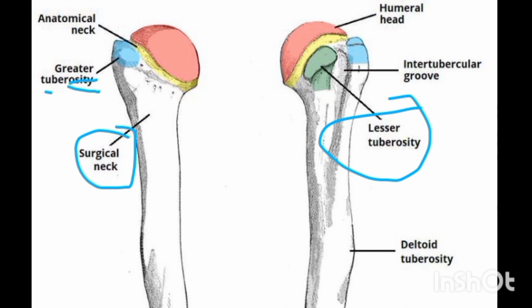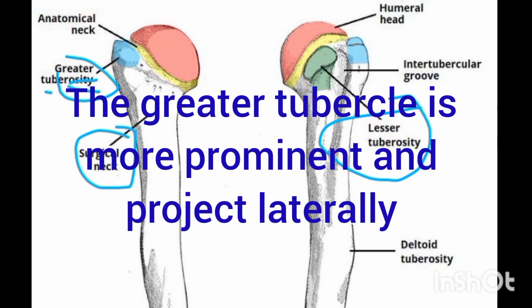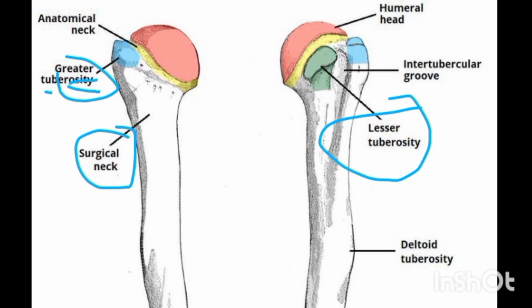Greater tubercle or greater tuberosity, and lesser tubercle or lesser tuberosity. The greater tubercle is more prominent than the lesser tubercle. It lies on the lateral part of the upper end of the humerus and shows three facets for muscular attachment.